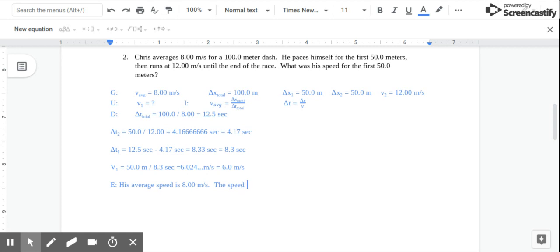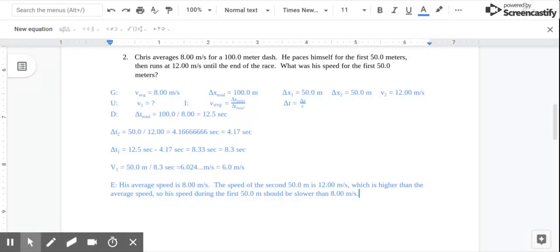The speed of the second 50.0 meters is 12.00 meters per second, which is higher than the average speed. So I would say his speed during the first 50 meters should be slower than the 8.00 meters per second.